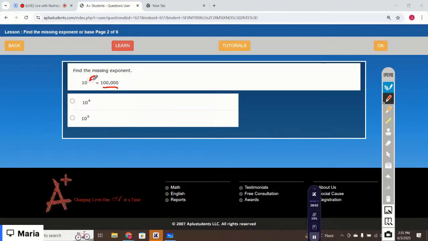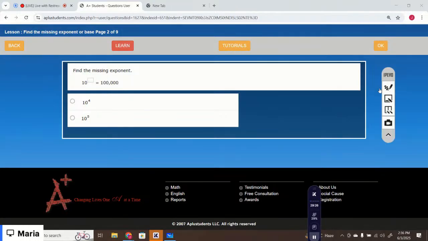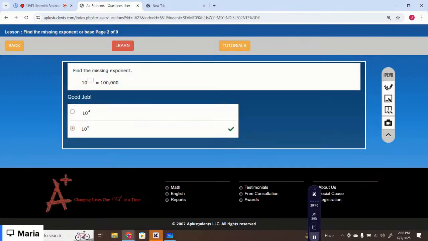That is 10 exponent 5. 10 exponent 5 equals 100,000. Option number 2 is the correct option.